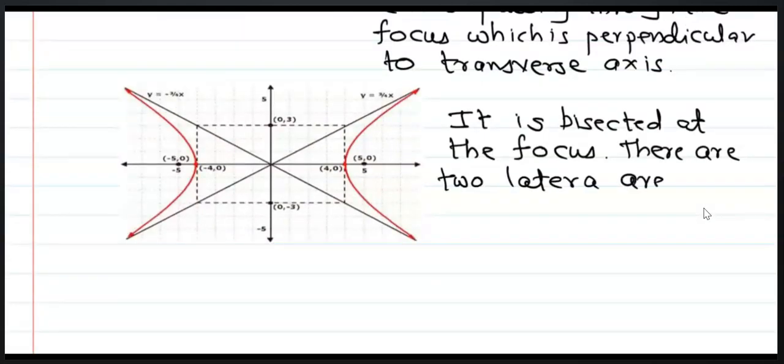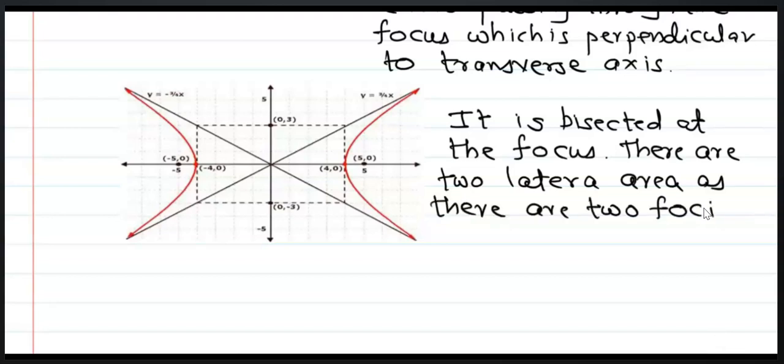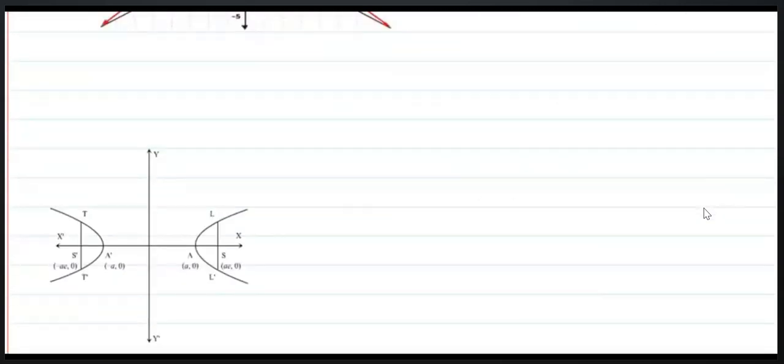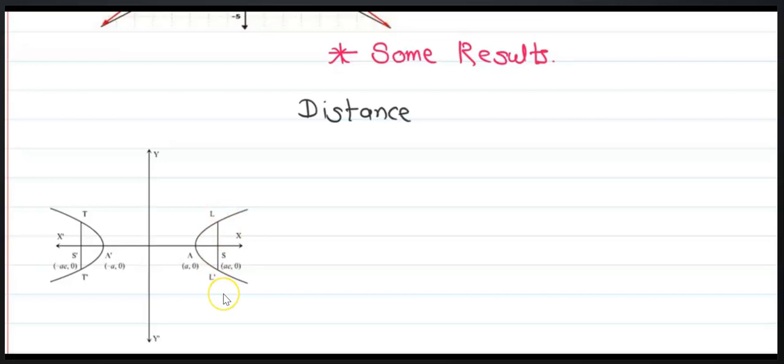There are two latera recta. This is the latus rectum, which is perpendicular to the transverse axis, LL dash and TT dash.